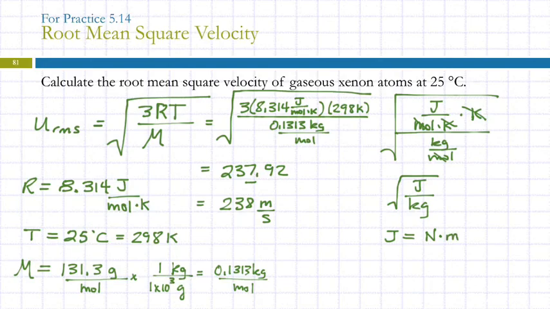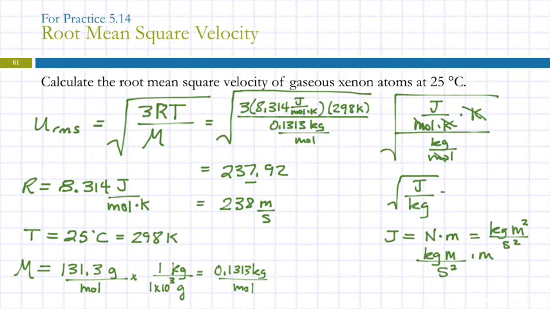A Newton is a unit of force. A Newton is a kilogram meter per second squared. Let me get this right. Yeah, kilogram meters per second squared times meter. And so a joule is equal to kilograms meters squared per second squared.